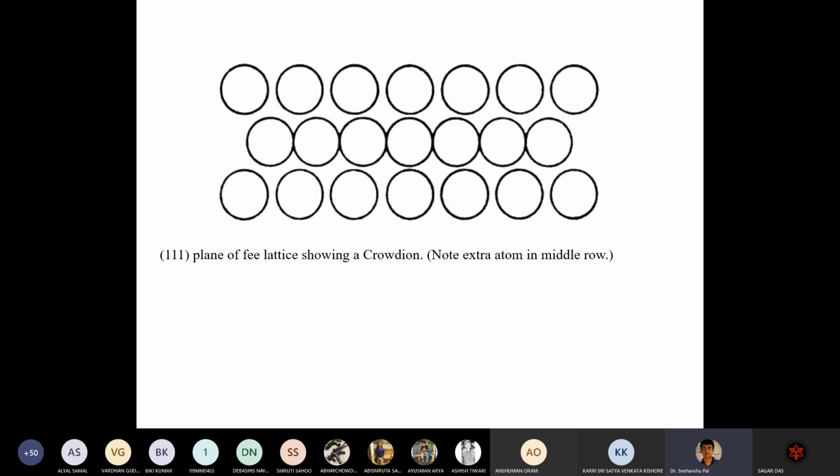Another picture is a 111 plane of an FCC lattice showing a crowdion. Such a configuration resembles a kind of dislocation structure. Later on we will understand that.